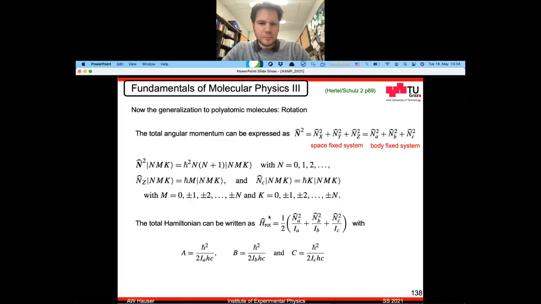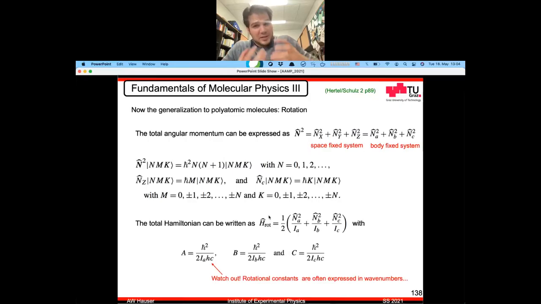And we will then introduce or collect all these constants like Planck constant and our parameter, which is given by the actual structure or geometry of our molecule, which leads to a given moment of inertia.